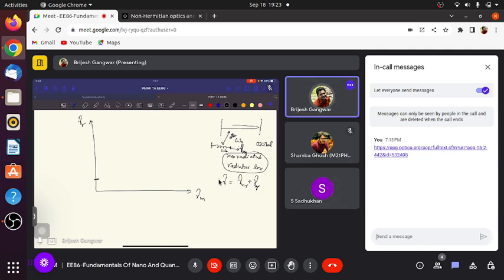Then there is some point where omega is such that it has value omega m. So this is gamma r, which is equal to gamma radiative and gamma nr.